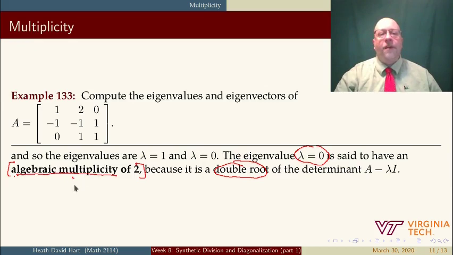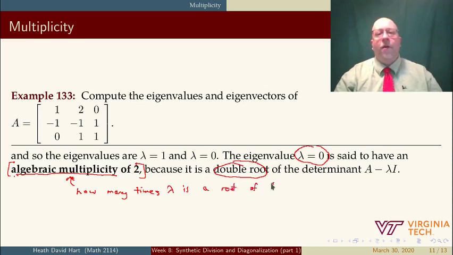Algebraic multiplicity is how many times lambda is a root of the characteristic polynomial. In this case, lambda equals 0 has an algebraic multiplicity of 2.